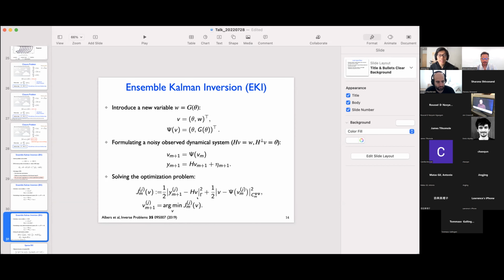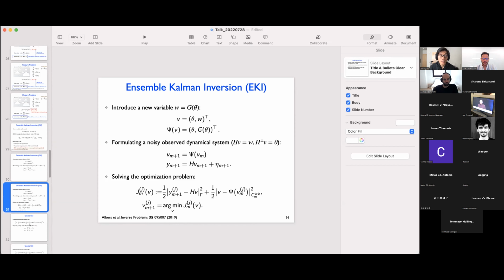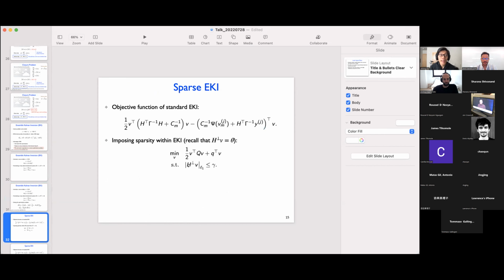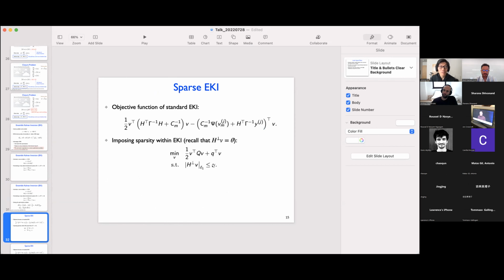So we don't solve this standard optimization problem because it's equivalent to the EKI updating formula. For each EKI step, we use the standard updating formula to get the estimation of the current step, but we solve an additional optimization problem that adds the L1 penalty constraint to this standard problem. You can think that after the standard EKI update, we slightly modify the estimation to promote a sparse solution.